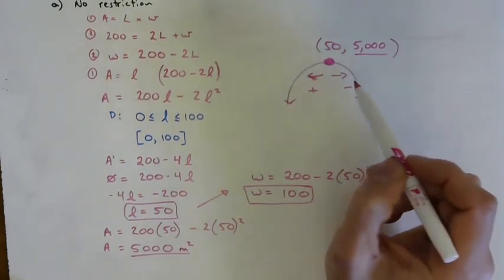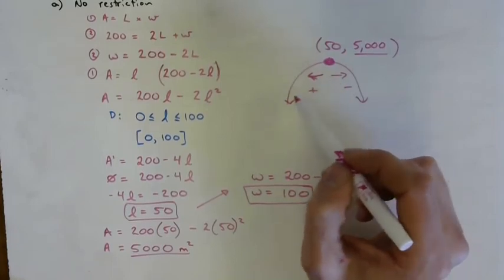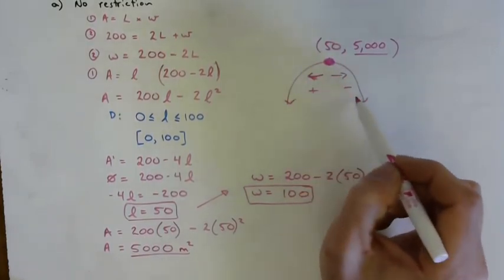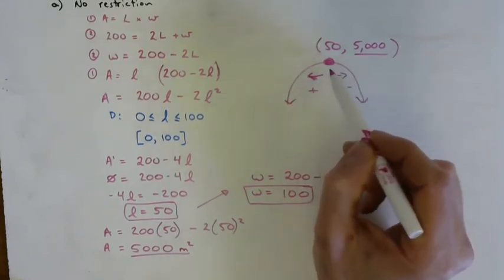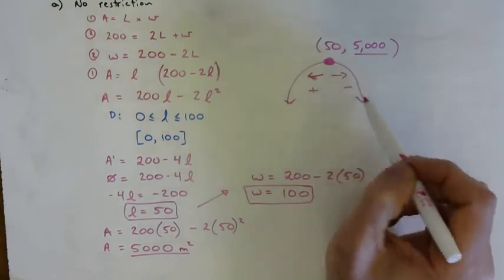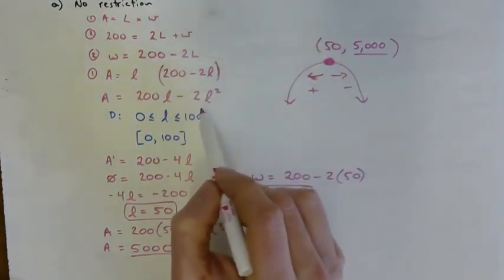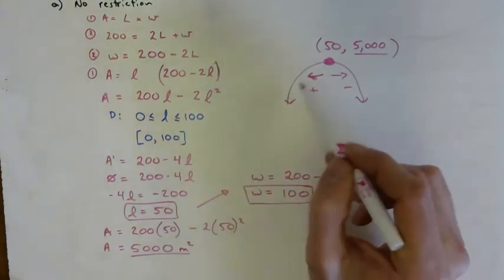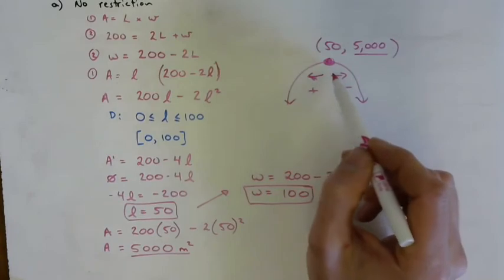You could also take the second derivative, and you'd find out that the second derivative over this whole span is negative, which means it's concave down, which means the critical point is the maximum point. And the third option is just graph it, which is kind of what we did here. We know it's a quadratic, so it's a parabola opening down, and so graphically we can easily determine that that is the maximum point.